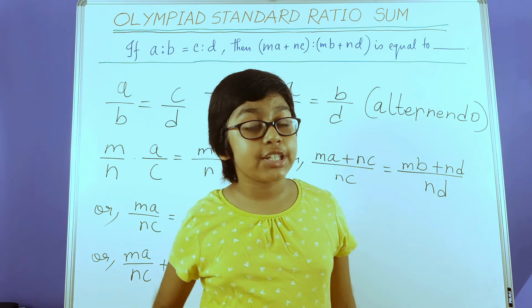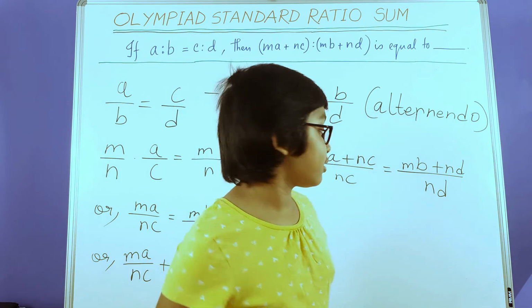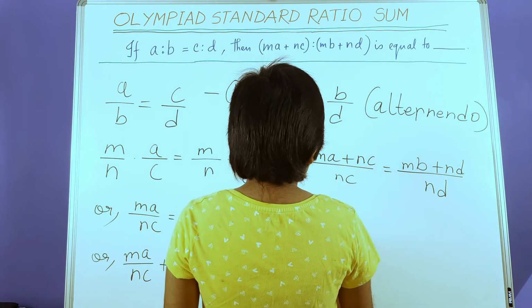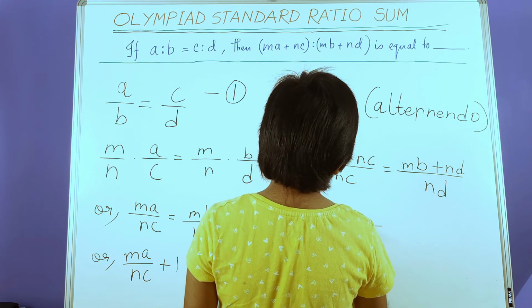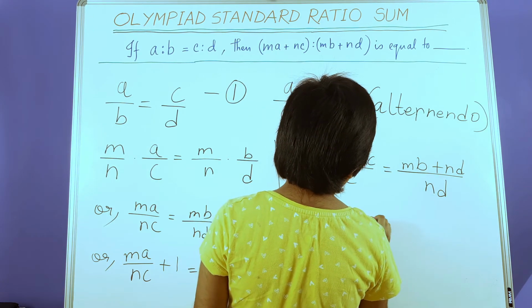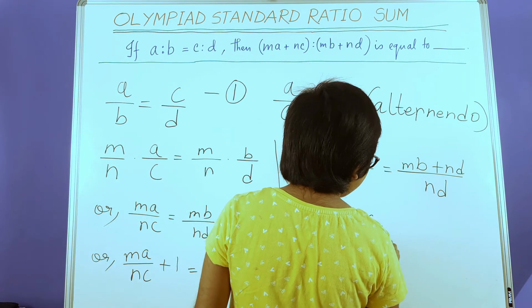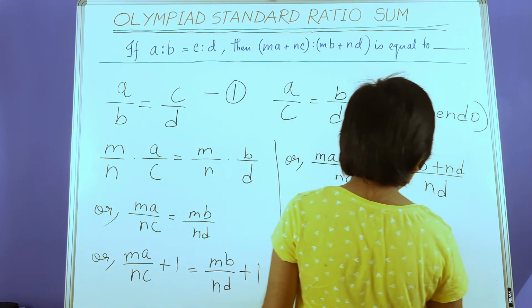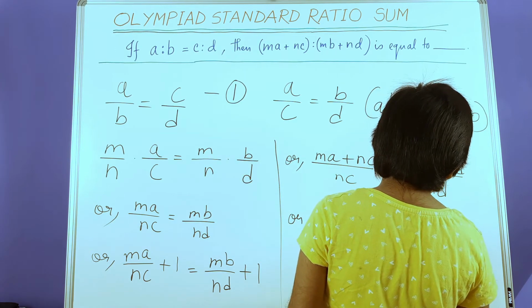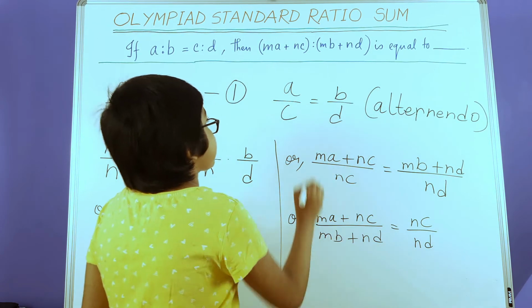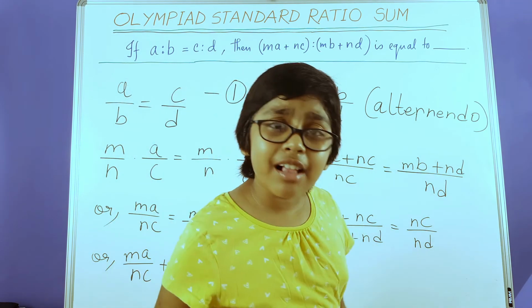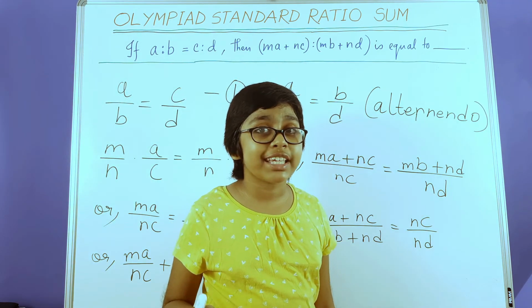To do that, we need to do an alternando once again. Let us do an alternando and get to our desired fraction, or ratio, whatever you want to call it. And here we have MA plus NC and MB plus ND. We have got our desired ratio, and can you smell some close answer?